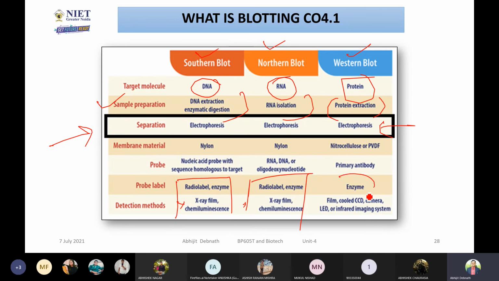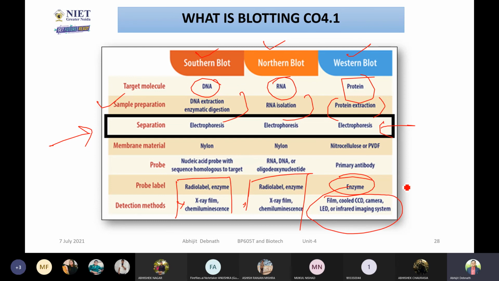But in Western blotting, only enzymes are added, and you can use film, CCD camera, LCD or other things for the detection method. So these are the differences, or the ways you can do Southern, Northern, Western blotting.